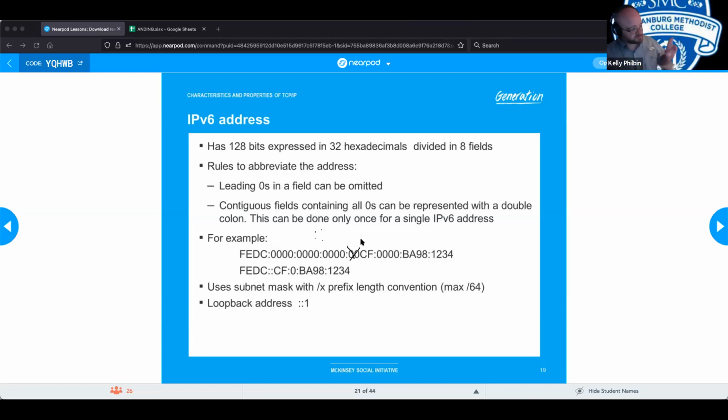Only once, because if we have 2 of those, we don't know which group has how many zeros. So it is either the first group you come across or the largest group of contiguous zeros you come across, which would be all of these here can be scratched out, and then you would just replace them with a double colon.